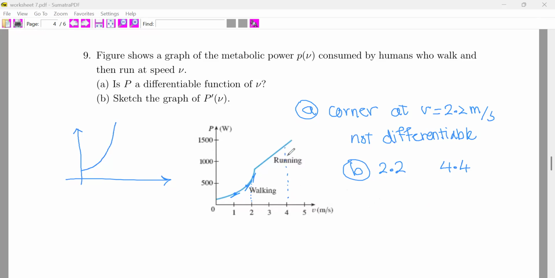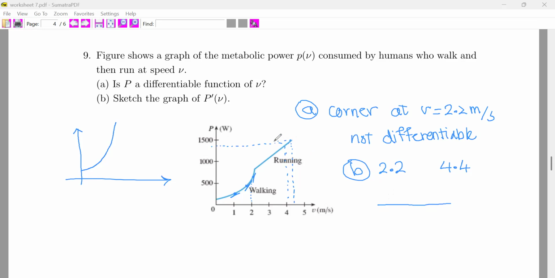If it is 4 or if it is 4.4, it can be somewhere here. And we would connect it to the vertical axis. And in order to find the slope, we would subtract y values over x values.